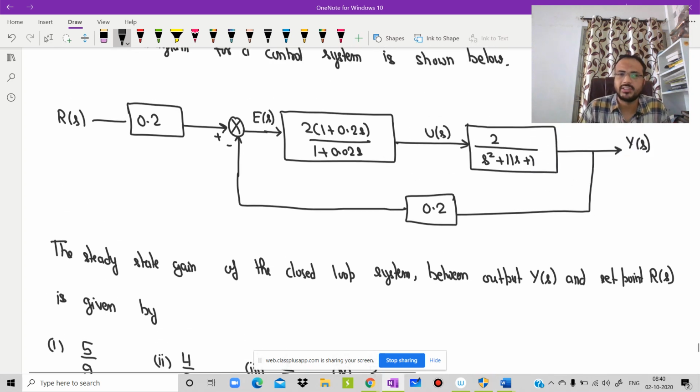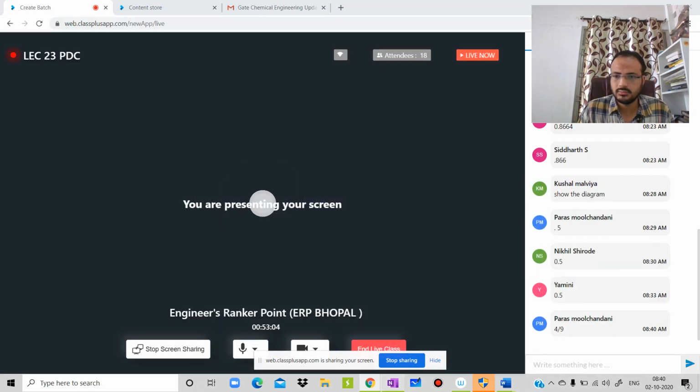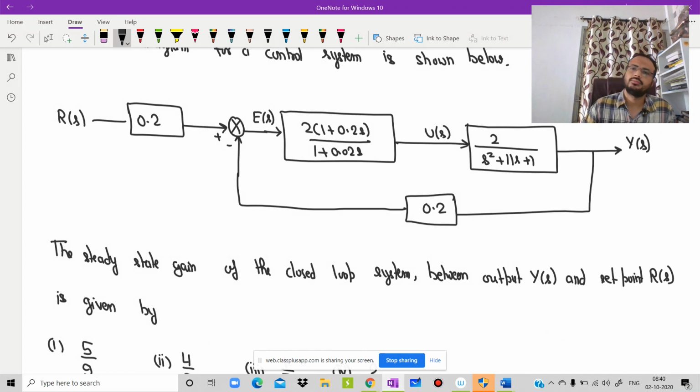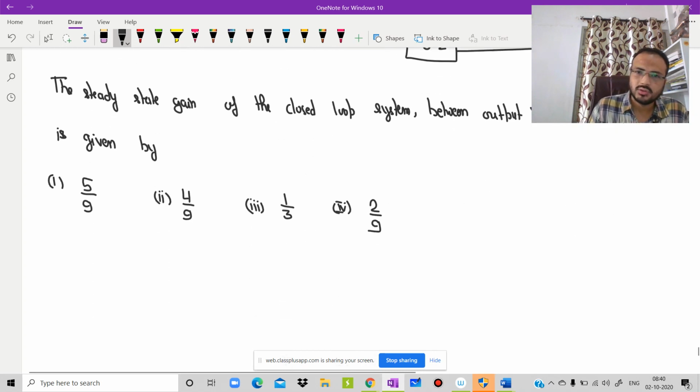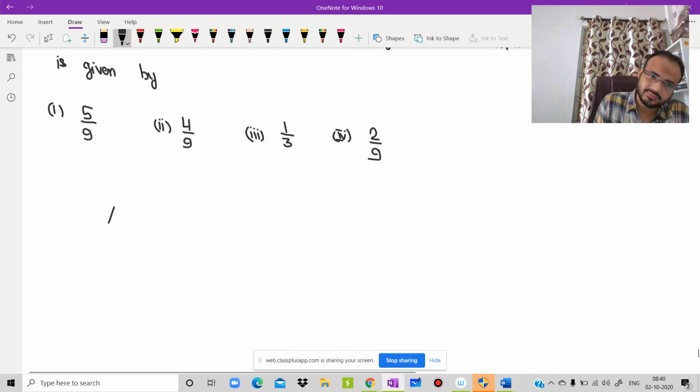The row regulatory. First, you need to calculate y by this one, and it is model 2. Assume, assign a variable, say a, and it is a standard loop. So you are able to calculate the value of y of s divided by a of s.